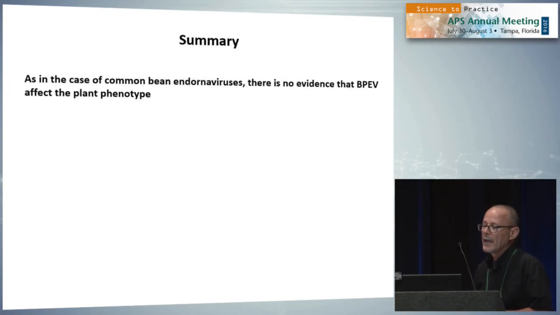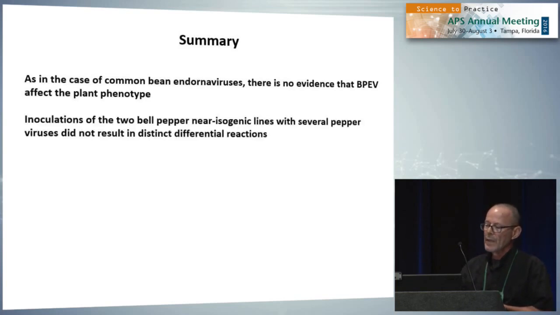In summary, as in the case of common bean endornaviruses, there's no evidence that bell pepper endornavirus has an effect on the plant phenotype. Inoculation of these two isogenic lines with pepper viruses did not result in any differential reaction.